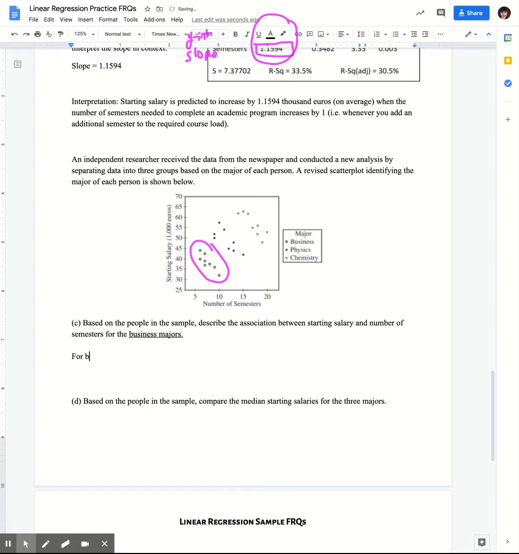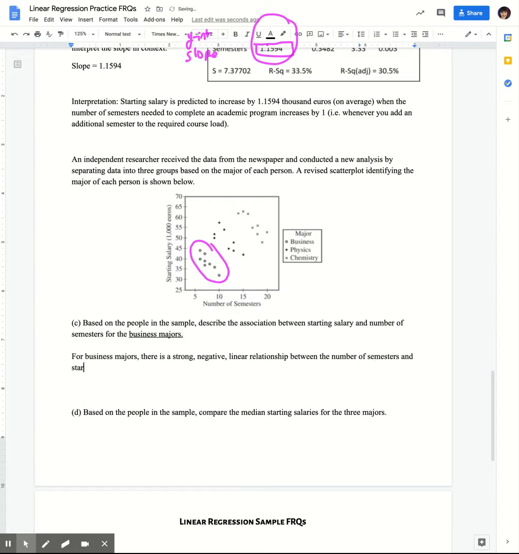So you would say for business majors, there is a strong, negative, linear relationship, or you could say association, between the number of semesters and starting salary.